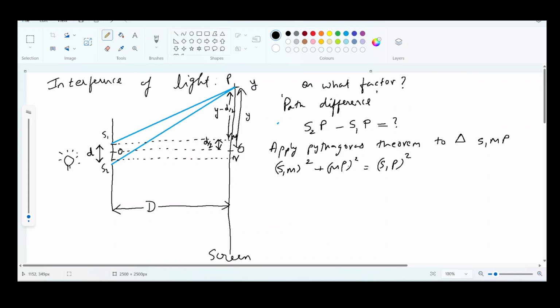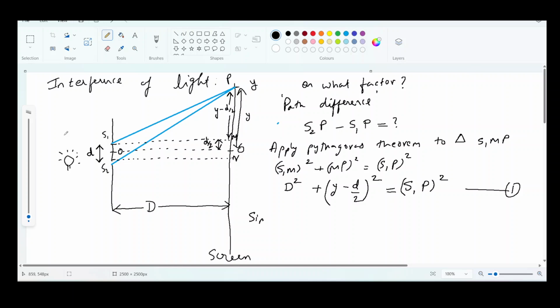The hypotenuse square is equal to the sum of the legs square. So S1M, we understand it as equal to the distance between the screen and the slits. So this is nothing but D square, plus MP. MP is y minus d by 2, as we just derived. Y minus d by 2 whole square is equal to S1P square. So S1P has no name. We will just keep it as S1P square. Okay. Let me call this equation 1.